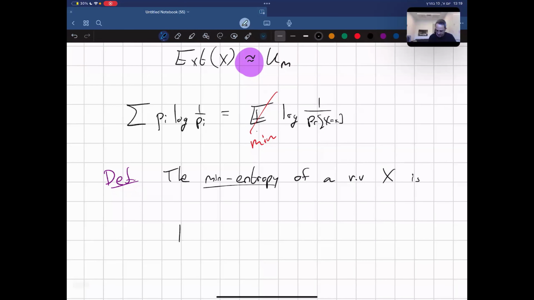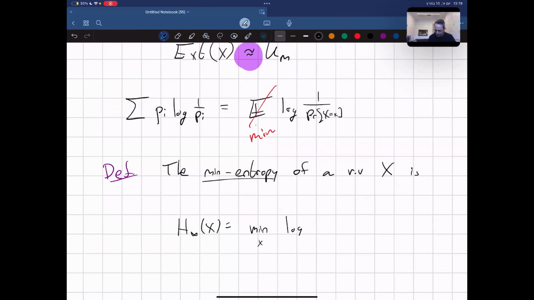It's denoted like that with an infinity in the subscript here, and it's the minimum over all x in the support of X of log 1 over the probability that capital X equals little x. This is little x. Okay. So that's the definition. It's the min version of Shannon's entropy.